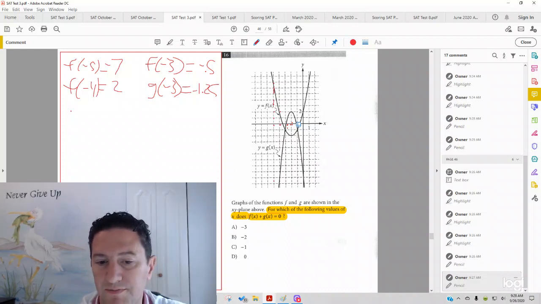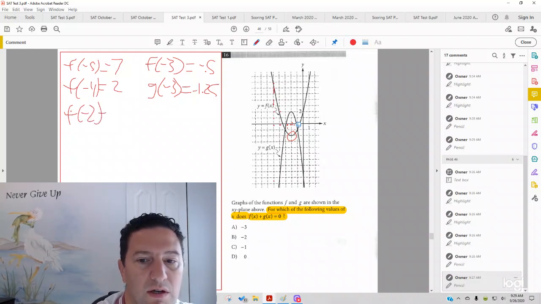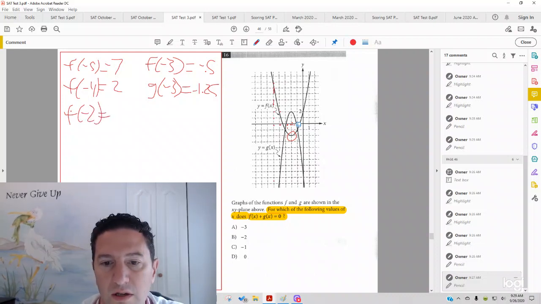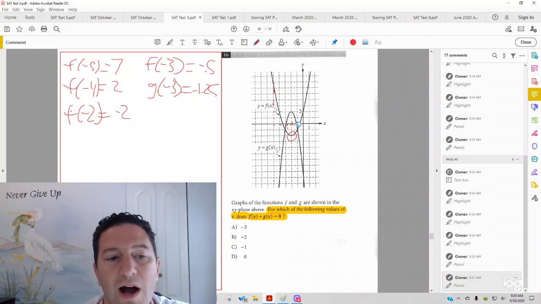If we look at f of negative 2, you go to where x is negative 2, and we find that f of negative 2 is right here. So it's right at that intersection. f of negative 2 equals negative 2, because the y is negative 2 where the x is negative 2 there.